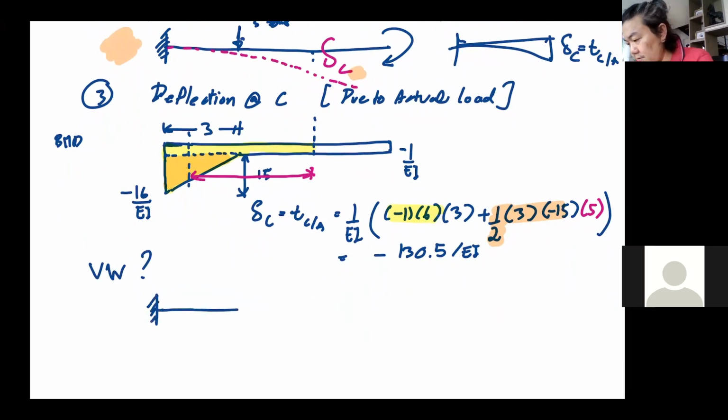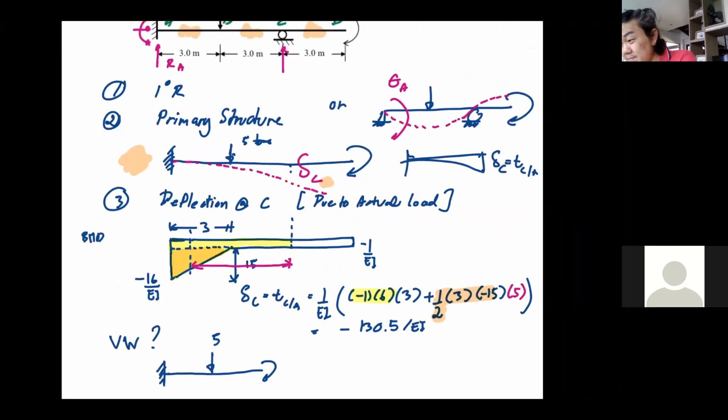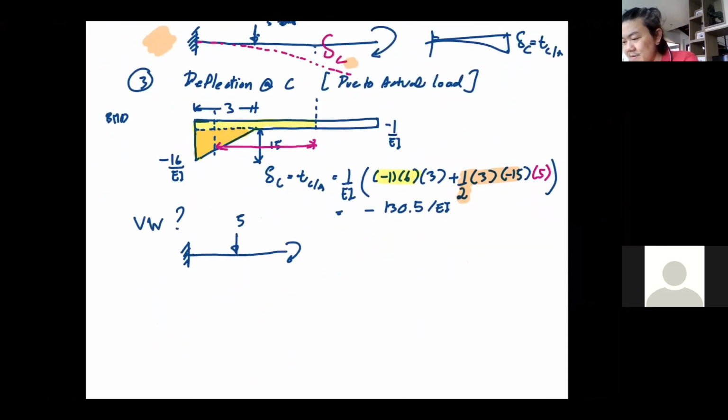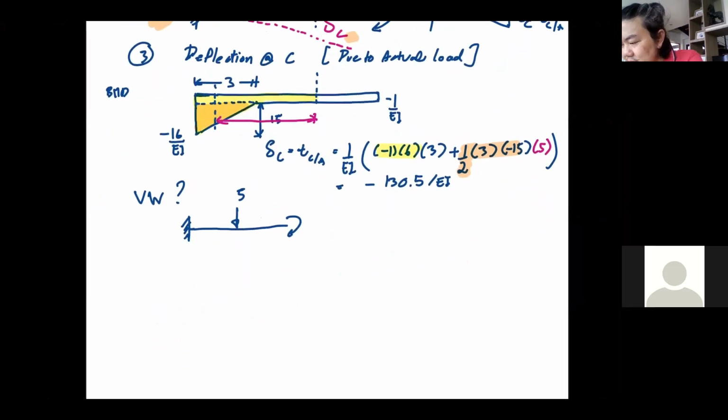Because our point of interest is at C, so we can hopefully simplify our structure a little bit, because here you're going to have moment, because that moment is constant. Okay, and let's say we have, excuse me, A, B, C, trying to use the same nomenclature.